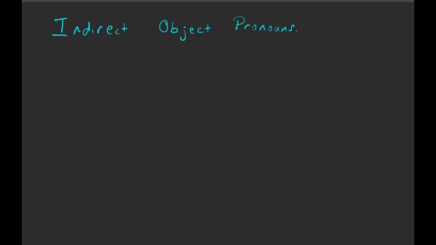Since each one of these sentences deals with an indirect object being swayed in some way by a subject that usually shows up later in the sentence, one of the first things we should talk about is the indirect object pronouns. These are the people or things for whom or to whom something is being done.